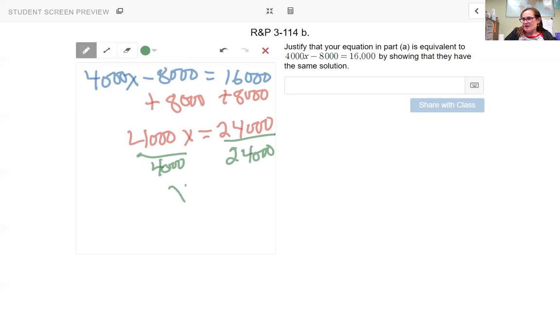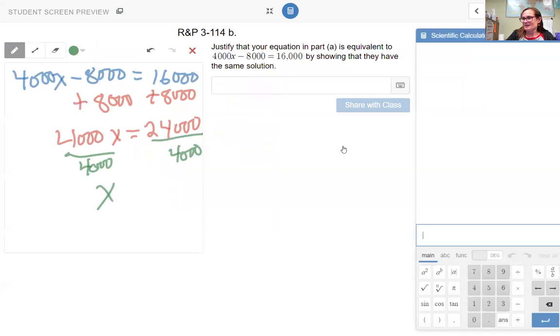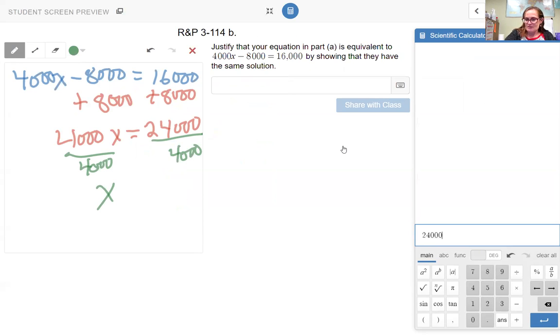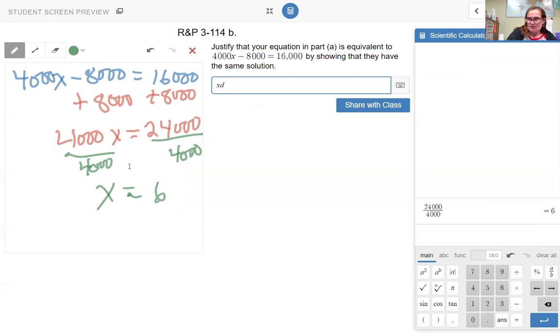If you want to pull out the calculator, you can go 24,000 divided by 4,000 equals 6. Okay, so x equals 6. That's the answer we put right here. And yep, they are the same.